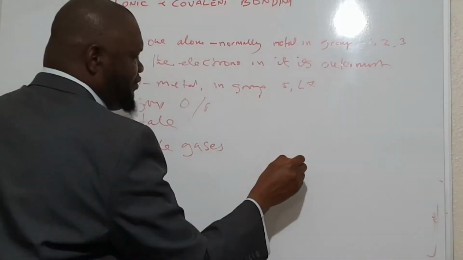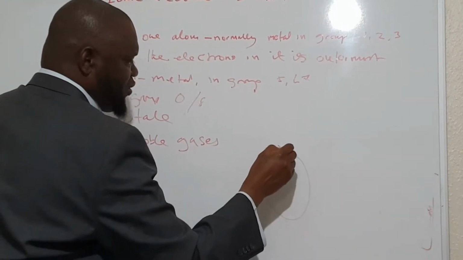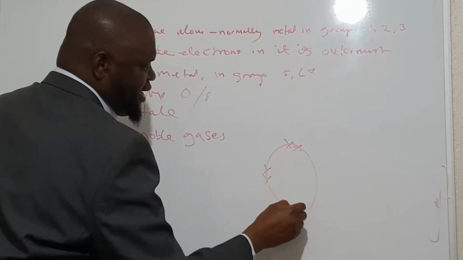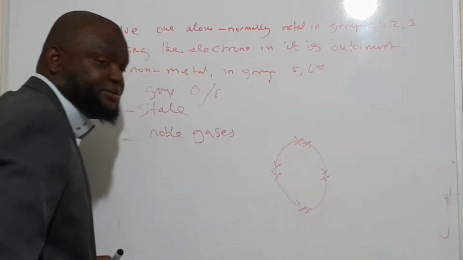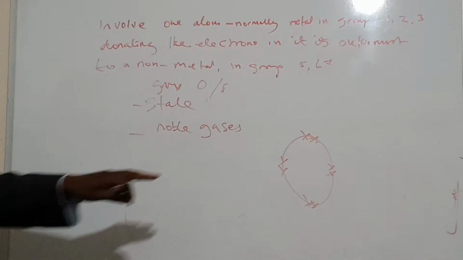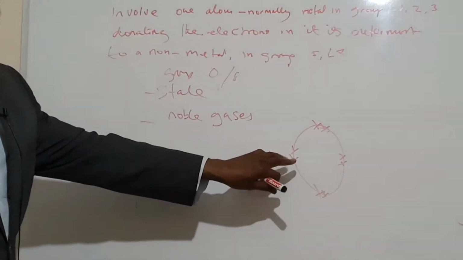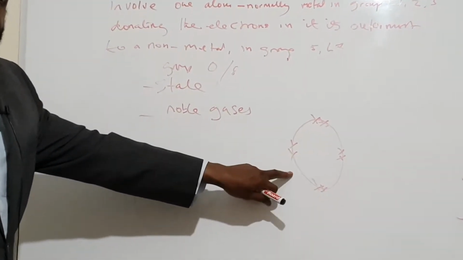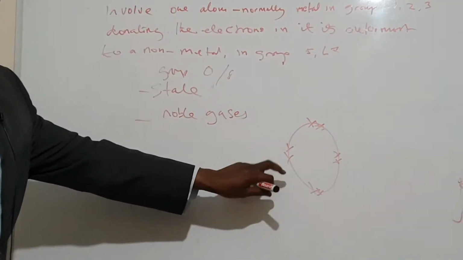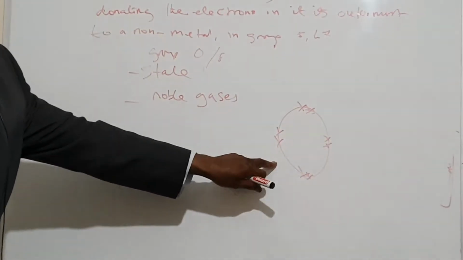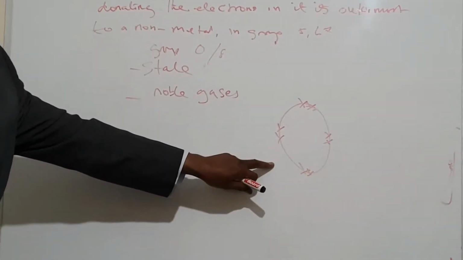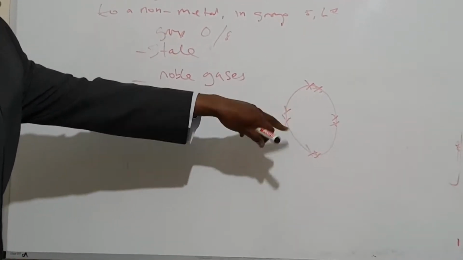Because all of them have 8 electrons in their outermost cell, so they don't need any donation, they don't need any sharing. 8 is the maximum amount of electrons in the outermost cell, except for the K cell, which can take only 2 electrons. After the K cell, the rest can take up to 8.